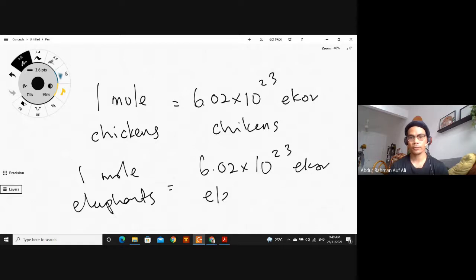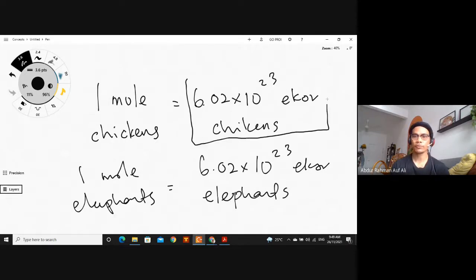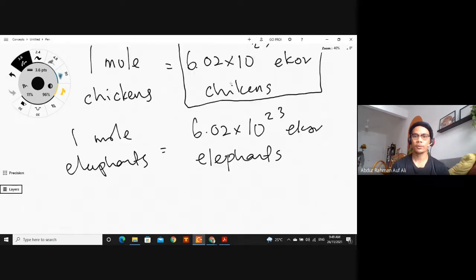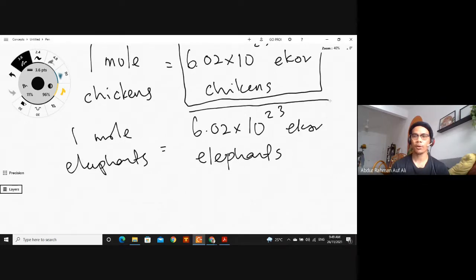Sorry lah bercampur saya punya bahasa. At least kamu faham kan? Okay, so the amount of 1 mole of chicken equals to the amount of 1 mole of elephants.